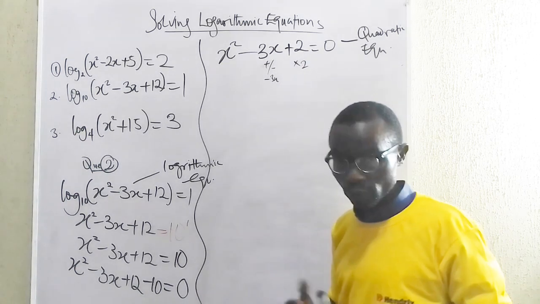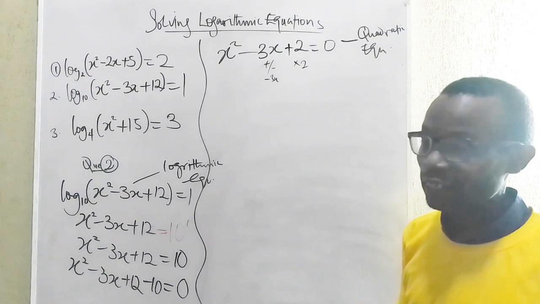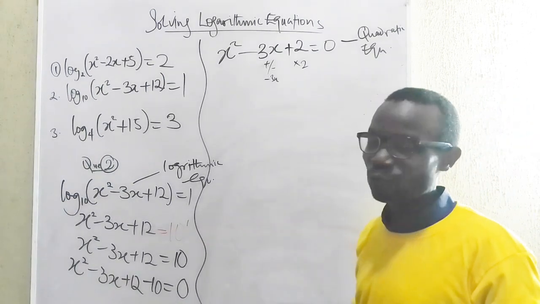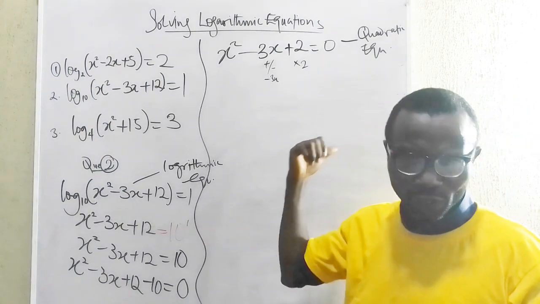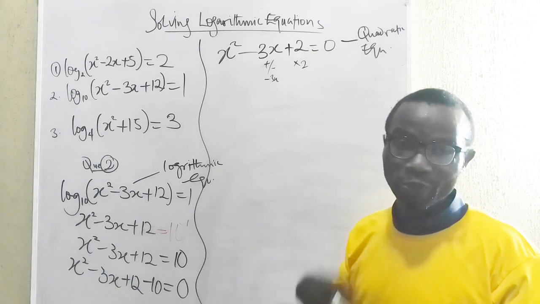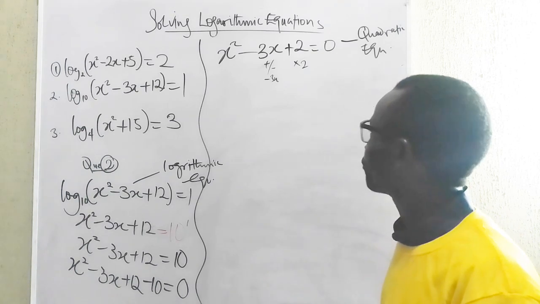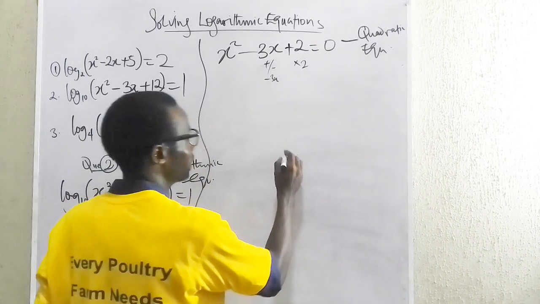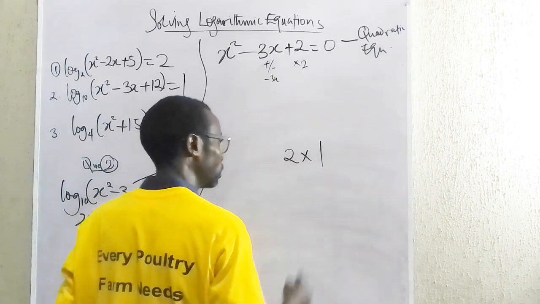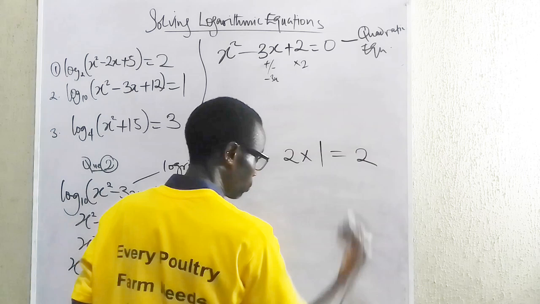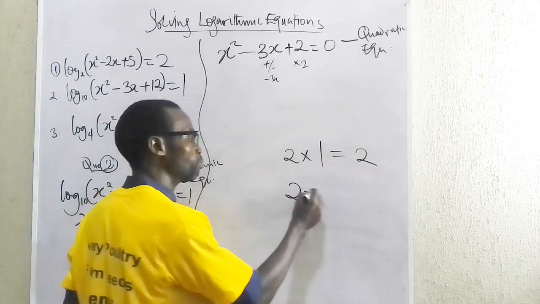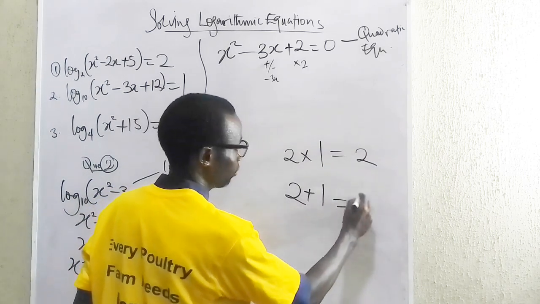Now without much ado, I already know it. We will not go into this. We've done that previously in our previous videos on exponential equations, so you can go over and see how I did that. From here I already know that it's 2 times 1 that will give me 2, and it's 2 plus 1 that will give me 3.